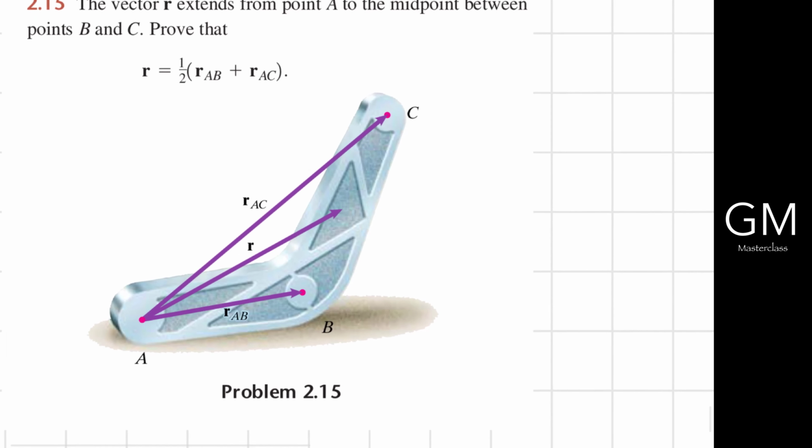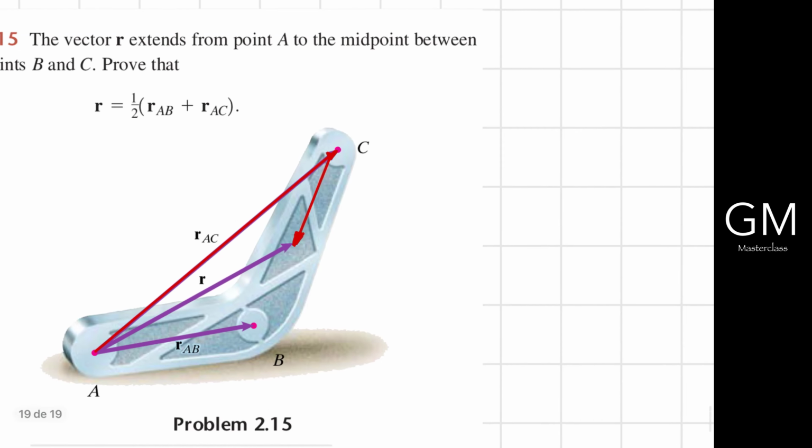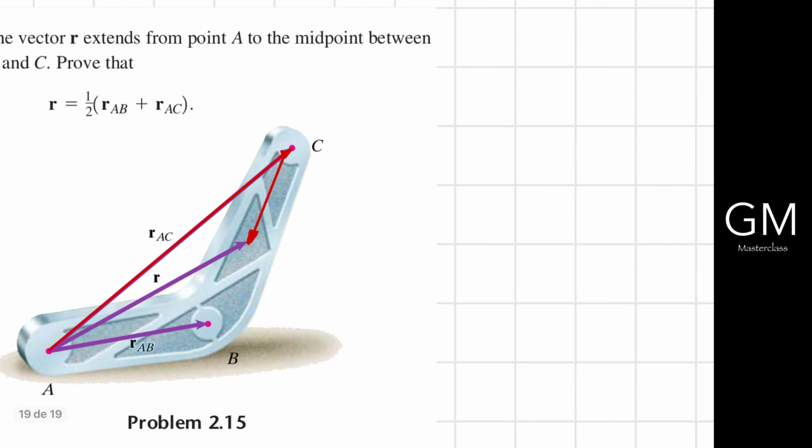Alright, so what we have right here is principally two summatories of vectors. How's that? Well, the first one is, bear with me, this summatory. Remember that, and this is something that we have seen for the entire chapter.